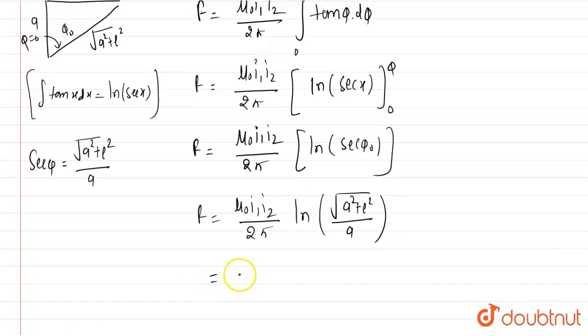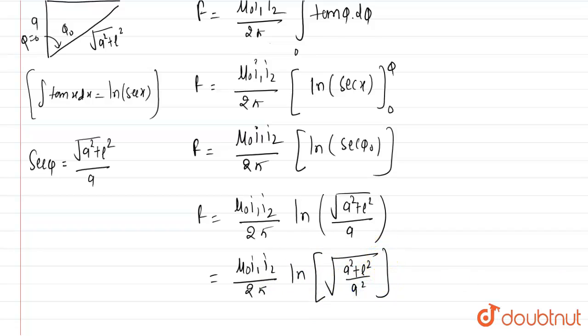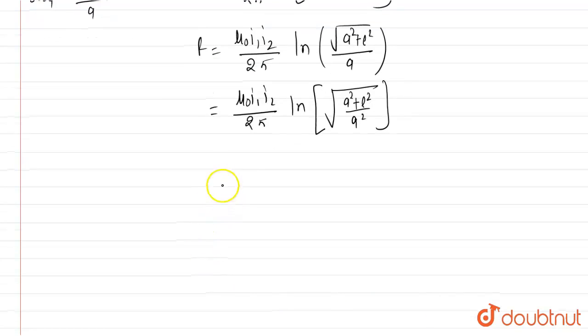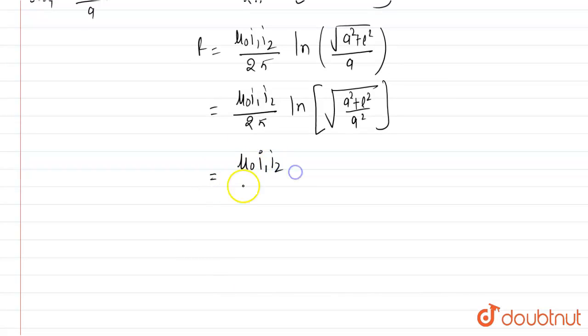We can also simplify that relation: mu naught I1 I2 upon 2 pi ln root of (a square plus l square upon a square). That half will come ahead, so we get mu naught I1 I2 upon 4 pi ln (a square plus L square) upon a square.